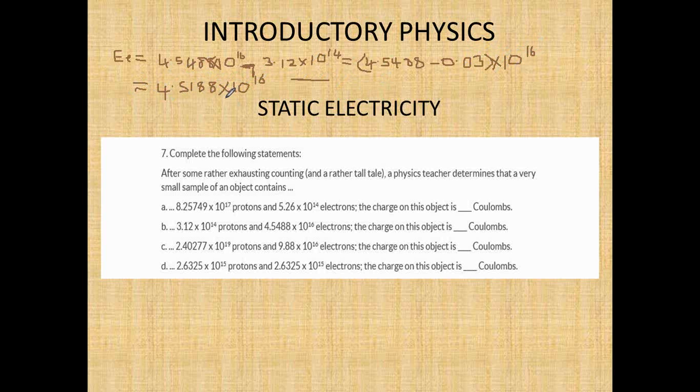Remember the amount of charge on an electron, let's put that over here, EC for electron charge. The amount of charge on each electron is 1.6 times 10 to the minus 19 coulombs.